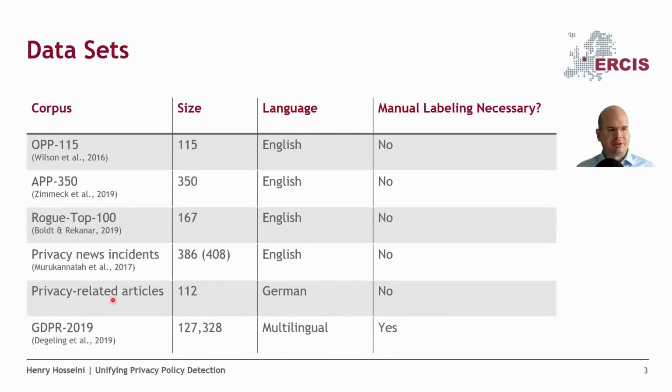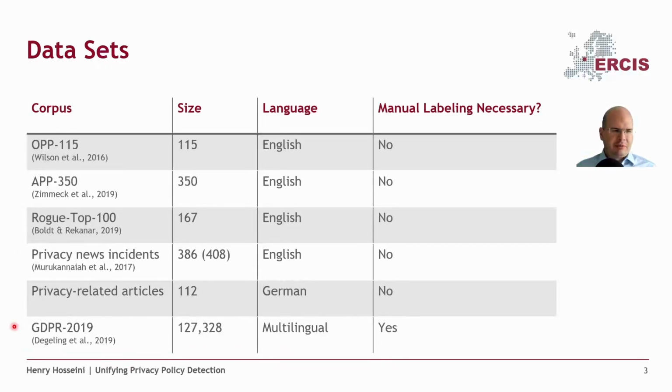The reason for creating this corpus and also including the privacy news incidents database in English is to train the classifiers so that they are able to distinguish between privacy policies and privacy-related news articles.